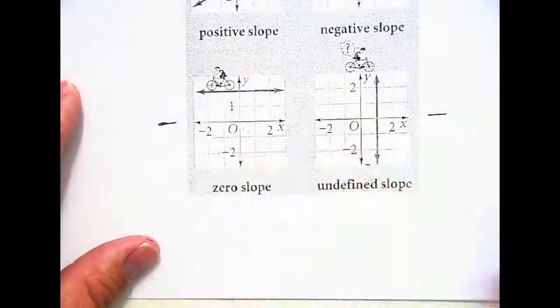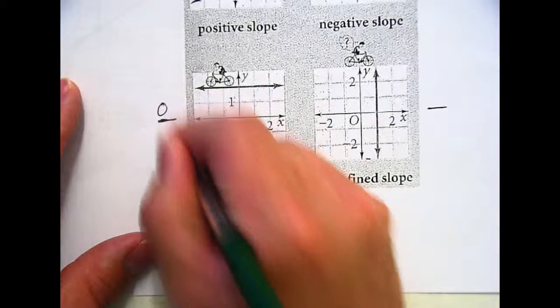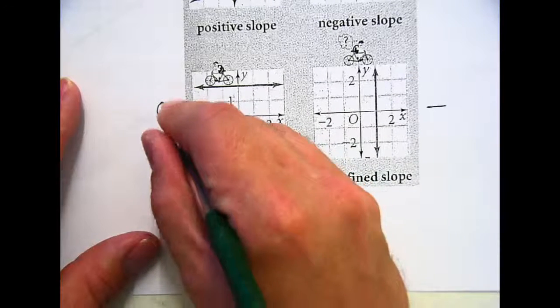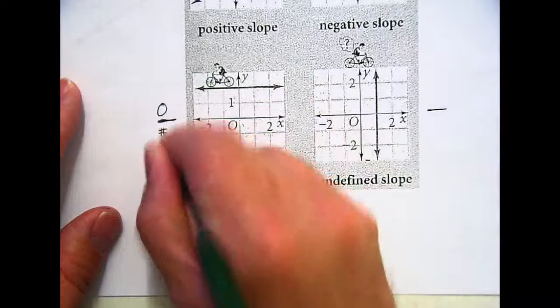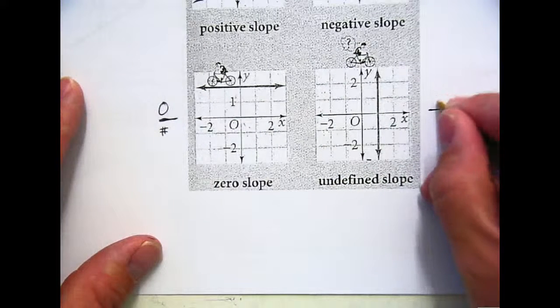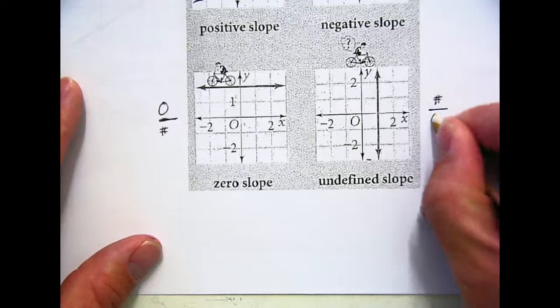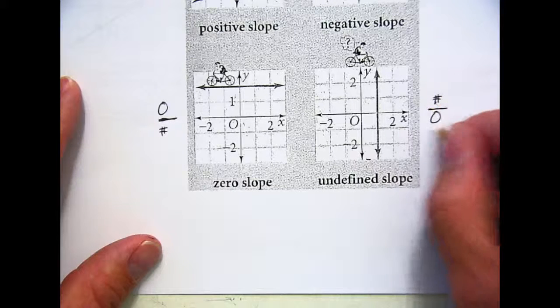Okay, if it's a 0 slope, a 0 slope has a 0 over the bar. It's 0 over some number. Whereas if it's undefined, your 0 is under the bar. It's some number over 0.